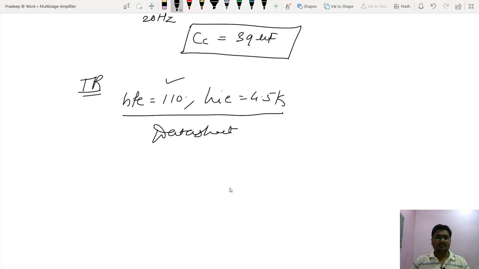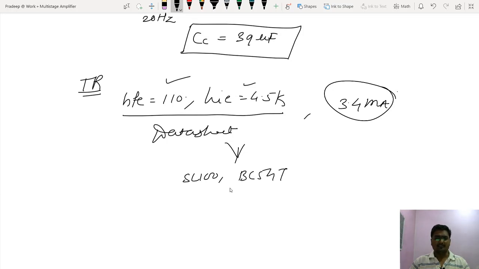Now for these specifications, the value of ICQ is about, maximum, 3.4 milliamperes, or 34 milliamperes or something. So for those specifications, as per my knowledge, SL100 and even BC547, these transistors are quite okay. Those are sufficient. There is a data sheet, and you can select any other transistor apart from that BC and SL.